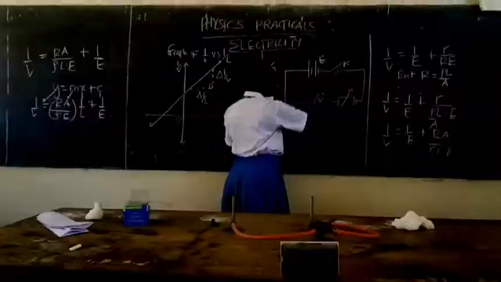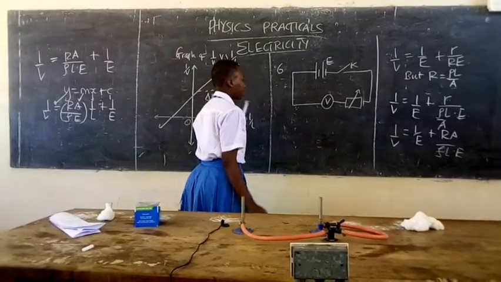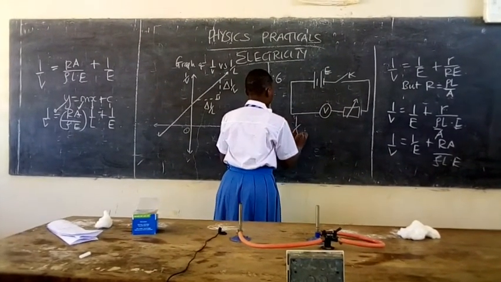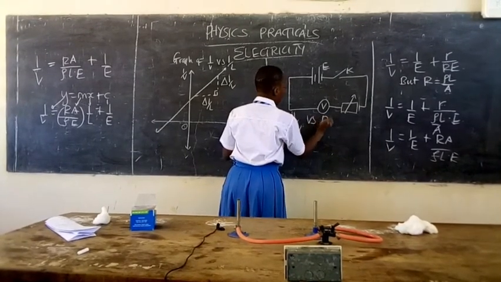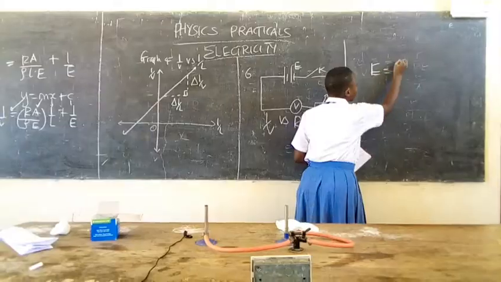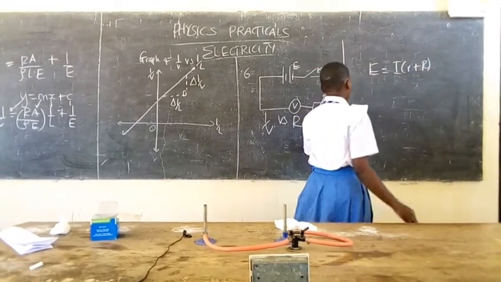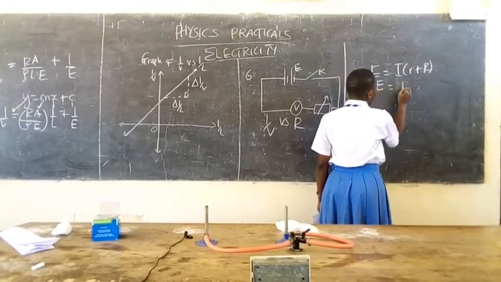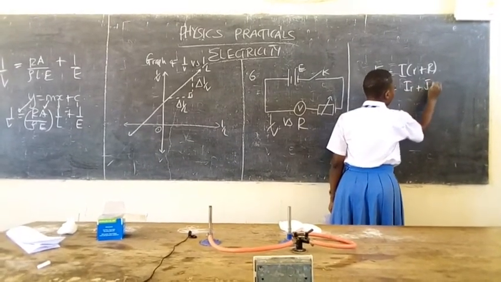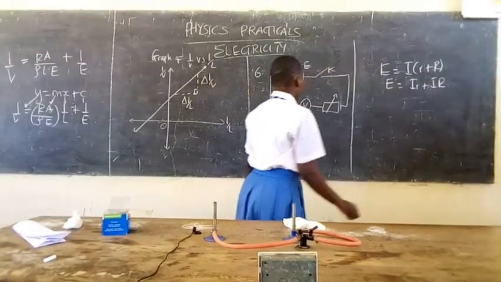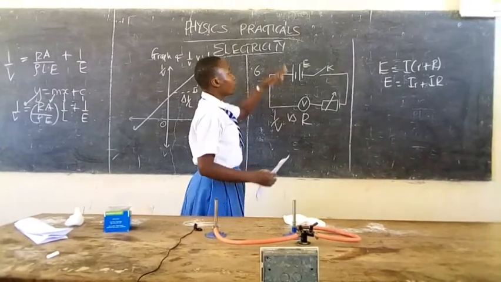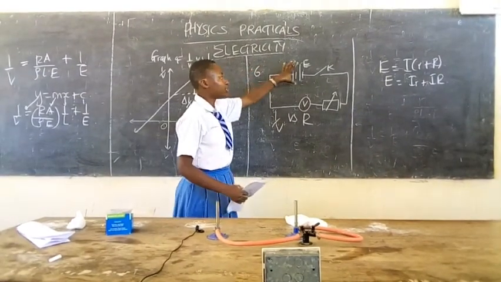Battery, switch, voltmeter, rheostat. A graph of 1 over V versus R. E equals IR plus VR, then E equals IR plus IR. But here, we assume that the internal resistance of the battery is 0.